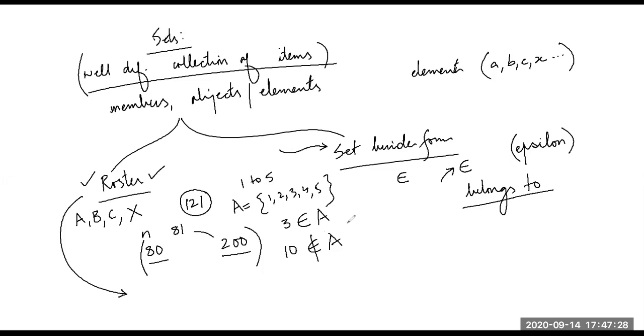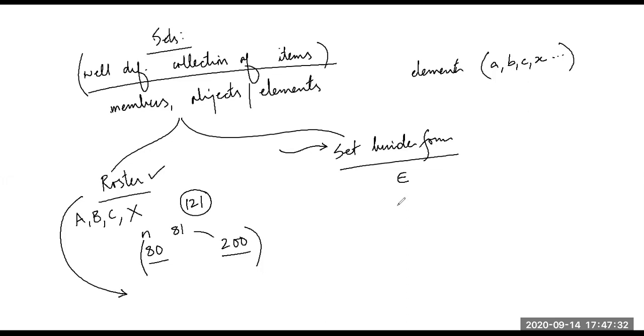Having done this, let's again concentrate on set builder form. Here I use the braces, just like I was using the braces in roster form. The difference is, in order to understand set builder form, students, let's first define a set.